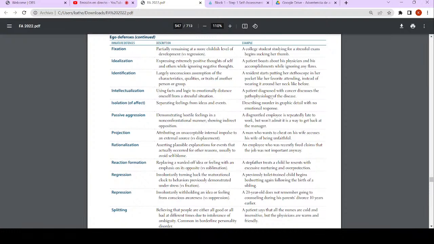Intellectualization: a patient diagnosed with cancer discusses the pathophysiology of the disease. Isolation: describing a murder in graphic detail with no emotional response, separating feelings from ideas and events. Passive aggression: disrupting employees repeatedly at work but won't admit it.